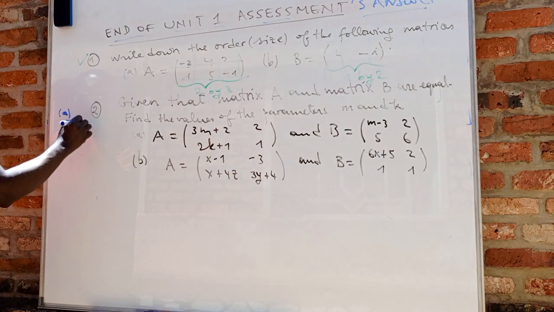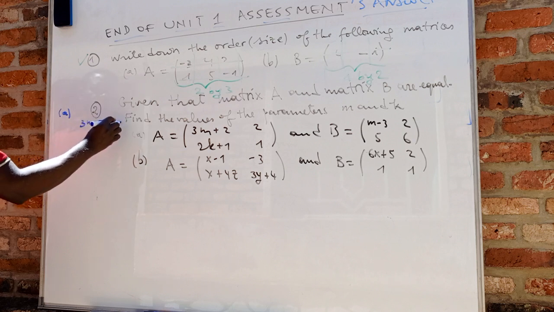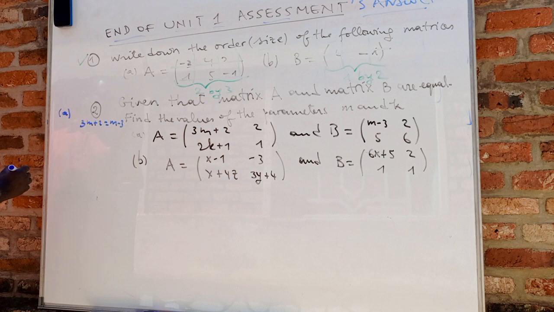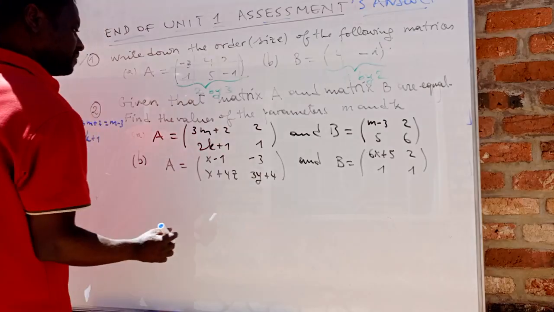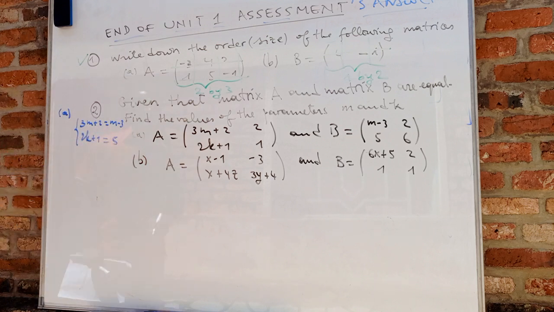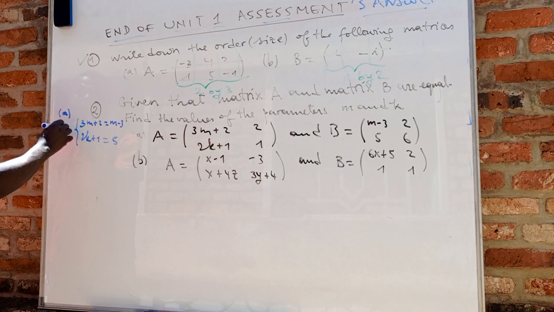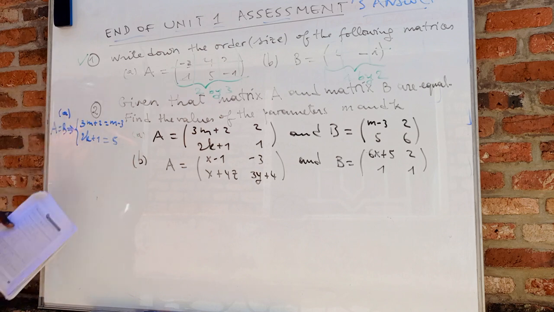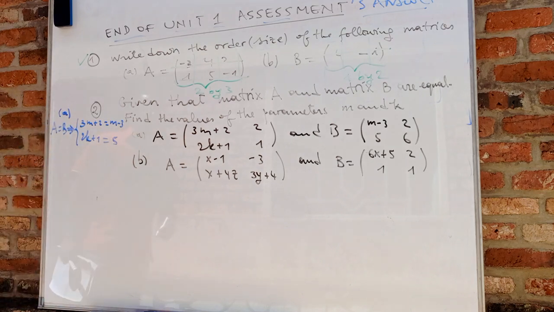So 3M plus 2 must be equal to M minus 3, and we also have 2K plus 1 must be equal to 5. If A is equal to B, then we have this situation.